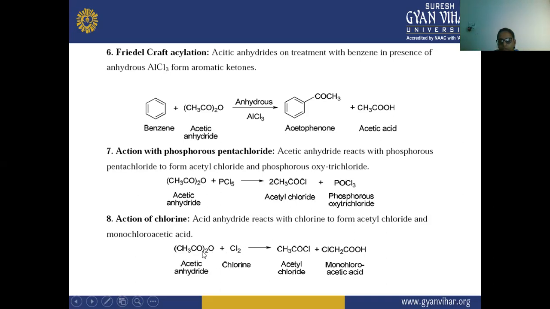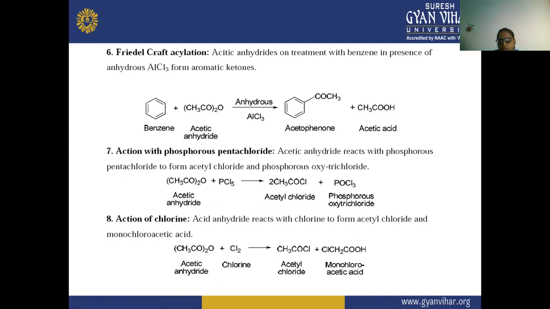So from here the H will be removed, and it will react with this oxygen, and here this oxygen is having one bond less, so it will react with this chlorine, and there is a formation of monochloroacetic acid.